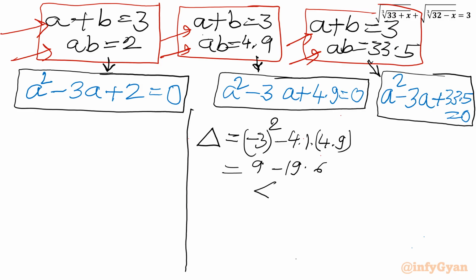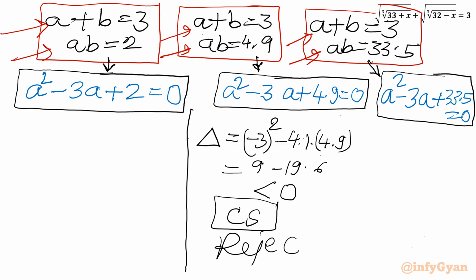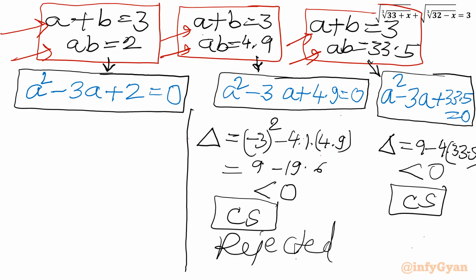Now you can see this value is negative. So complex solution will be there, so we will reject it. Similarly, if you check the discriminant here, 9 minus 4 times 33.5, it would again be negative. Complex solution will be there. We will write rejected solution.